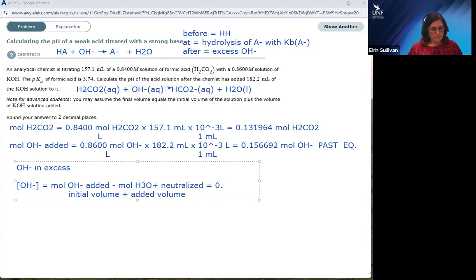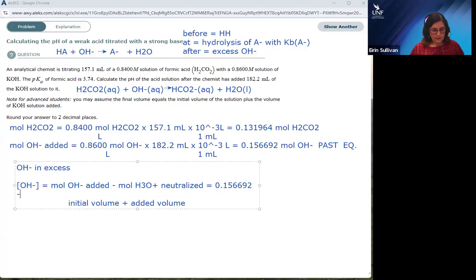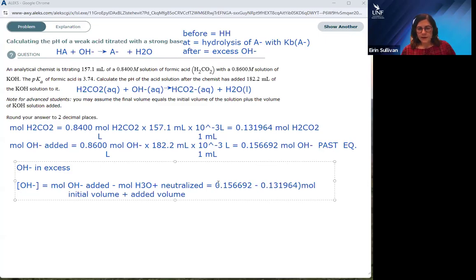So that's 0.156692 minus 0.131964, and that will give us moles on the top. I'm going to have to be careful with this. Am I going to have space? I'm going to take this down here, so we've definitely got space.